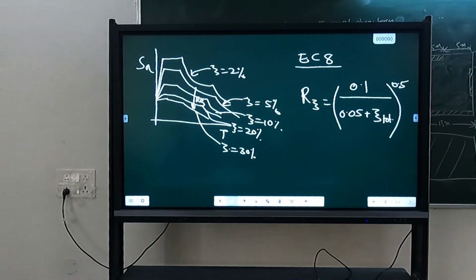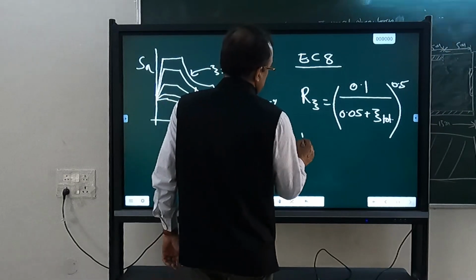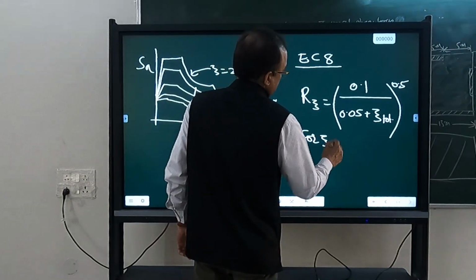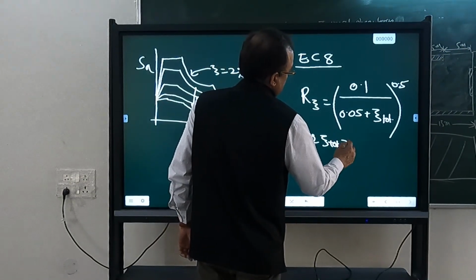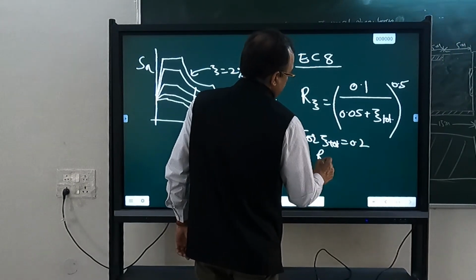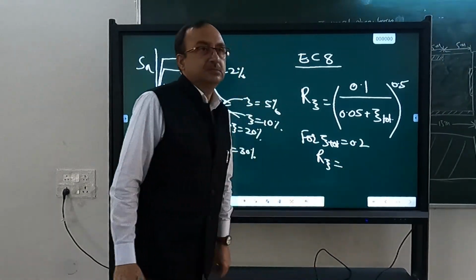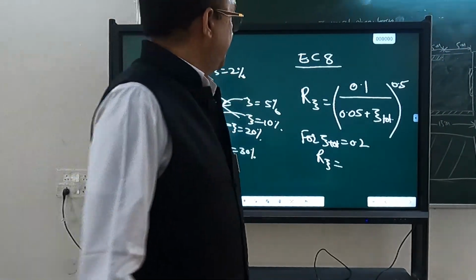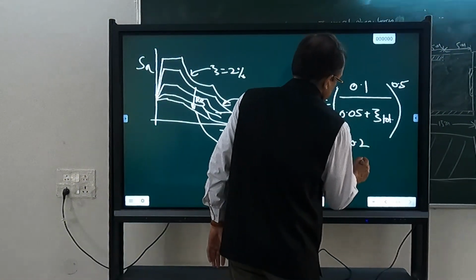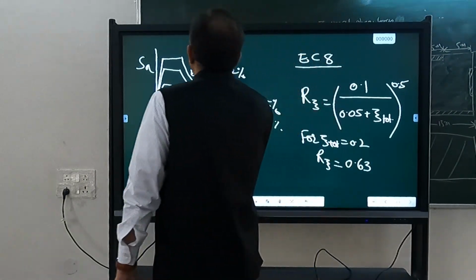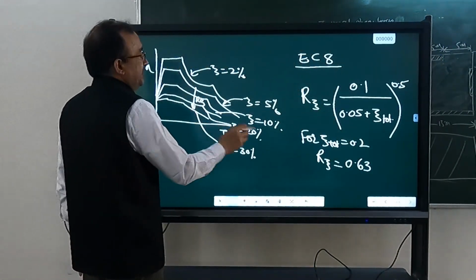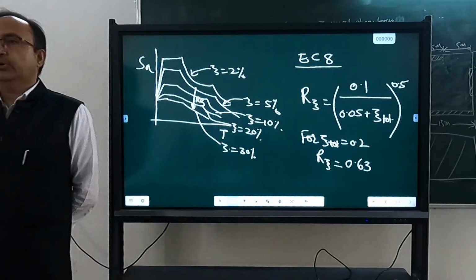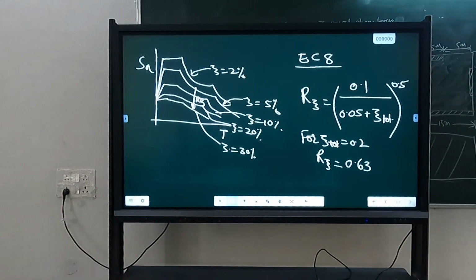So for 20% damping, can you give me R? 0.632. So this value will be multiplied by 0.63. At 20% damping, it will reduce to 63%.